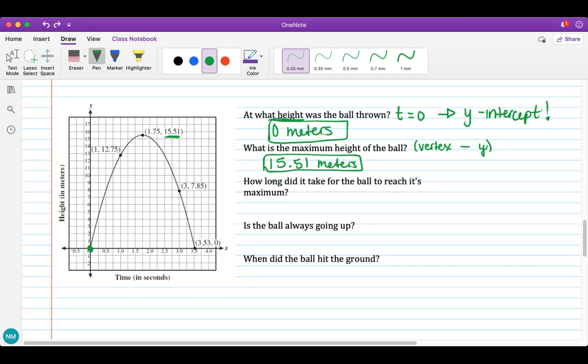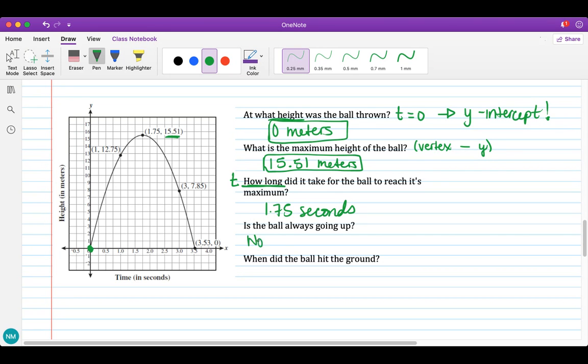Okay. How long did it take for the ball to reach its maximum? Good question. How long? So we're dealing with time, but we're still talking about our maximum. So we're still talking about our vertex, but we're talking about the time it took to get to the maximum. So 1.75 seconds. Is the ball always going up?